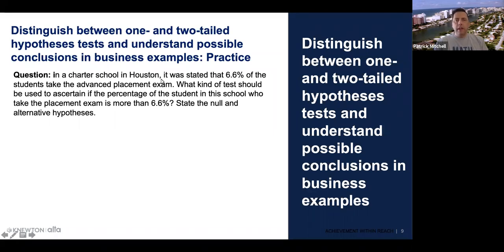So the status quo belief is that 6.6% of the students take the AP exam, but now somebody's wondering if it's more than that. So the alternative hypothesis would be that this population proportion is greater than 6.6%.